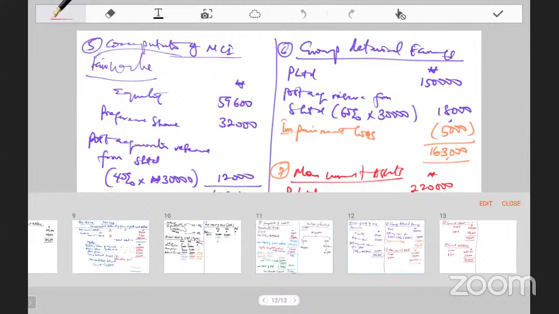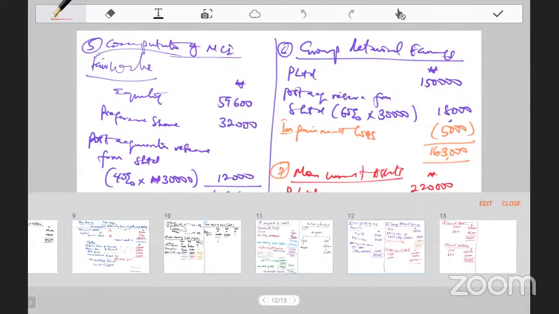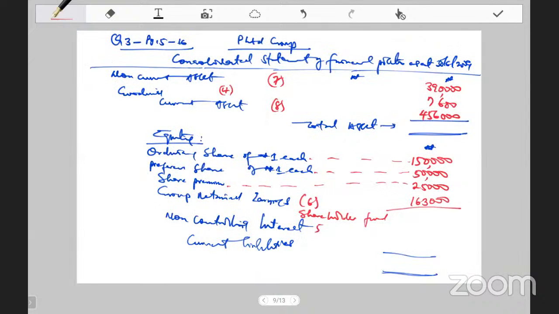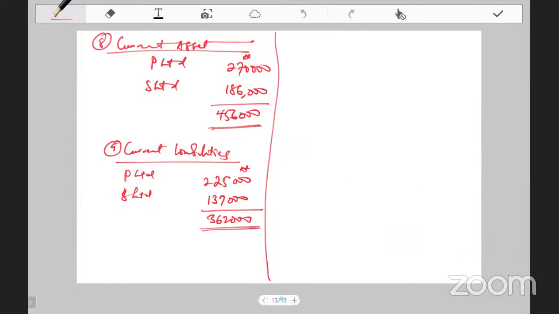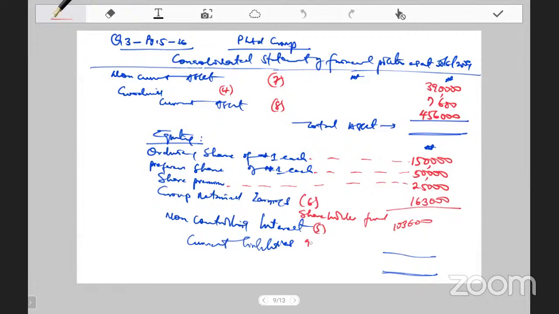That is note 5, and I have 103,600. Then I have my non-current liability, which is note 9, 362,000. So can I get the total for up and down?